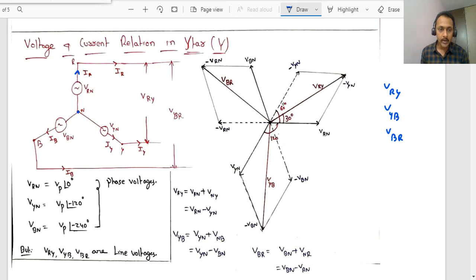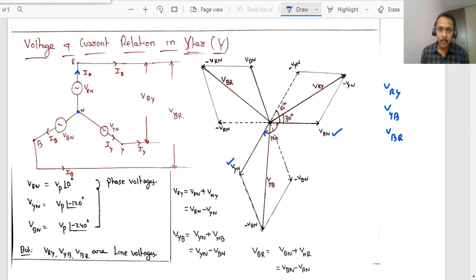Here RN, YN, BN are phase voltages. Sorry, VRY, VYB, VBR are line voltages. Now, this is what we have drawn here. This is VRN at an angle 0. Now VYN is at an angle minus 120 degrees with respect to RN, rotated clockwise.